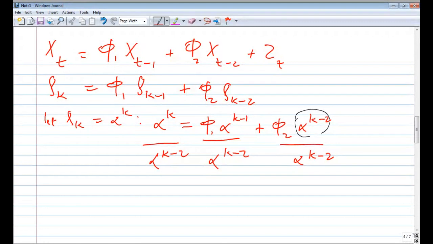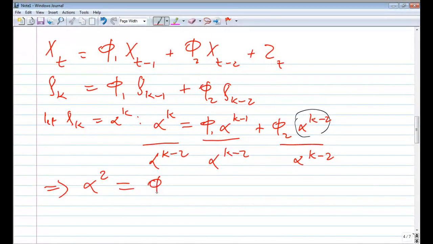Then the question is, what is alpha to the power k divided by alpha to the power k minus 2? You're going to get alpha squared, isn't it? Which is equal to what?